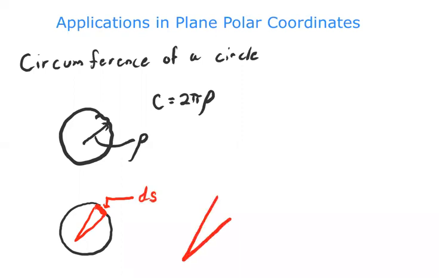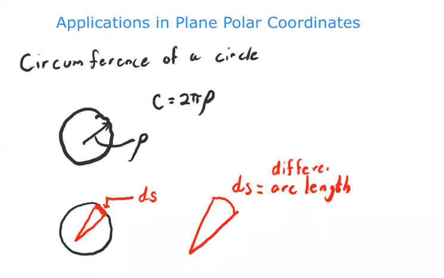So let me pull this out. There's a wedge that you can pull out from the circle. This quantity, lowercase ds, is something we'll call the arc length. If you want to be exact, it's a differential arc length. So I would like to know, what is it?